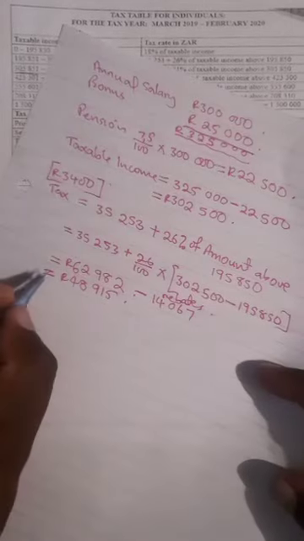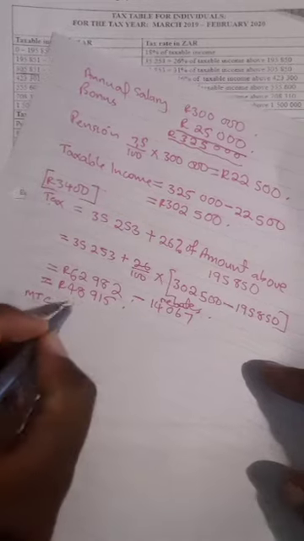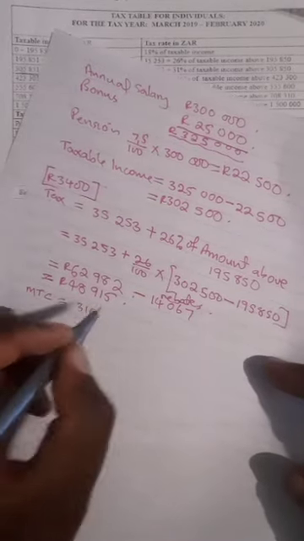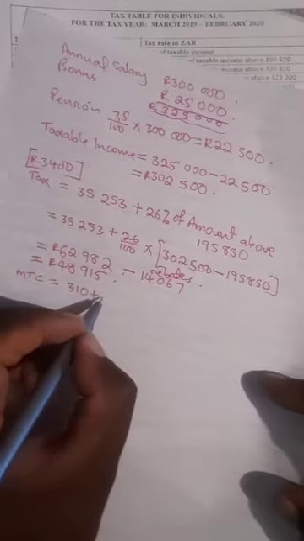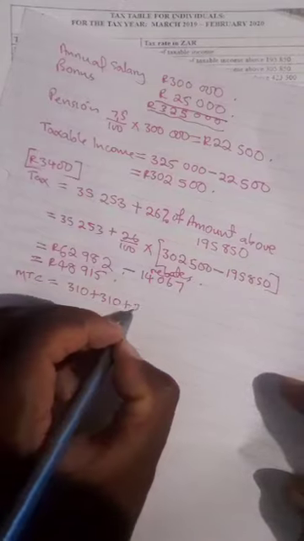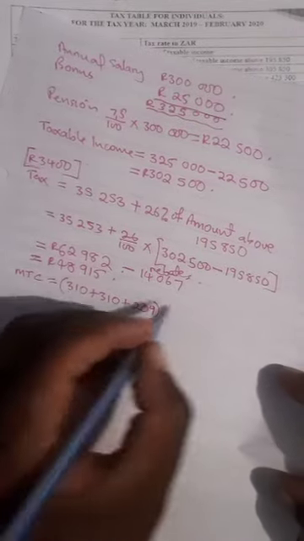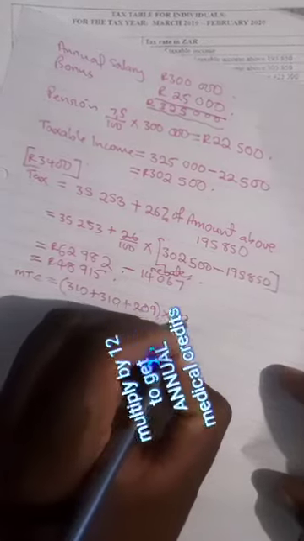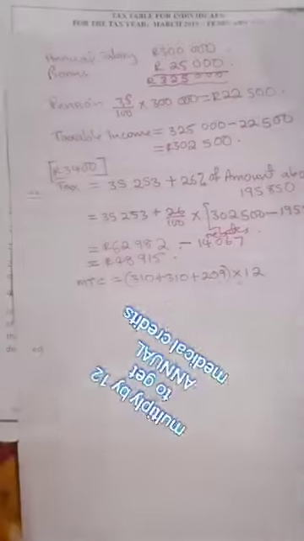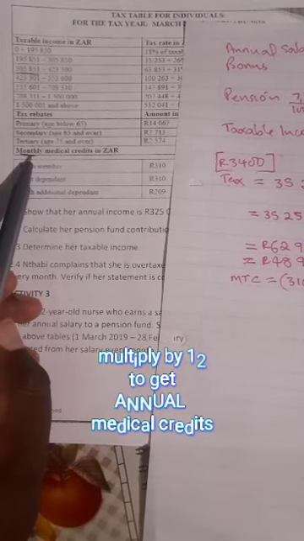So let me calculate it here. Medical tax credits is equal to 310 for the main member, and then 310 for the first dependent, and then 209 for the second dependent, and then times 12. Always remember to multiply it by 12 because it is given as monthly amounts, right?